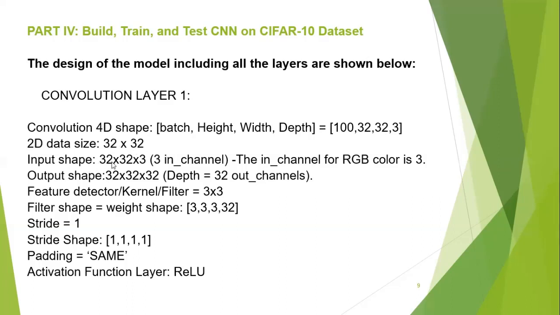This is the input shape with 3 input channels for color, and 3 is for RGB, which means red, green, blue. And then the output shape will be 32 by 32 by 32, and the depth of the output channel is 32.